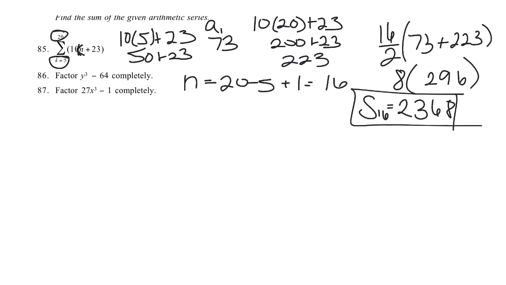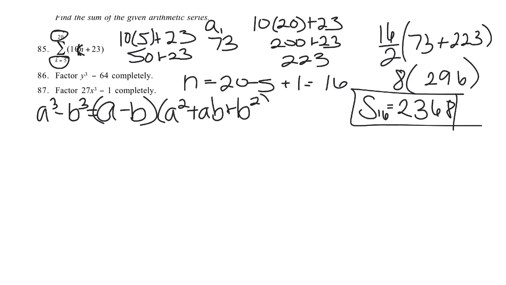Number 86 and 87 are differences of cubes. That is your a cubed minus b cubed equals a minus b times a squared plus ab plus b squared.